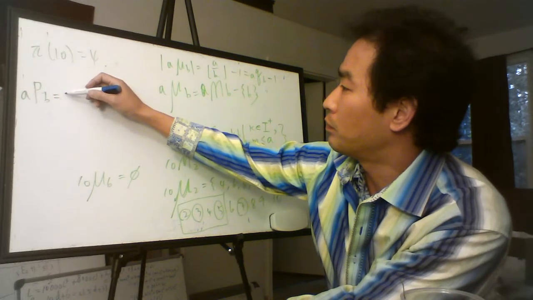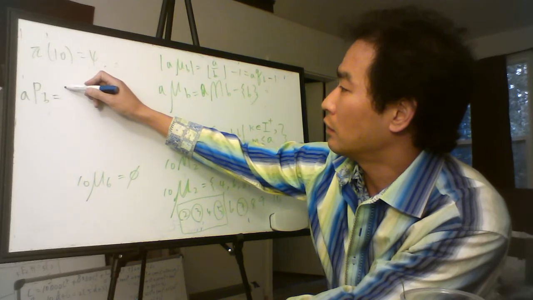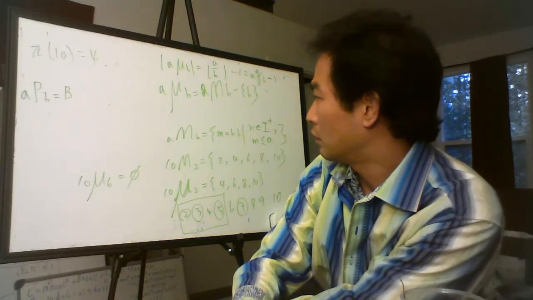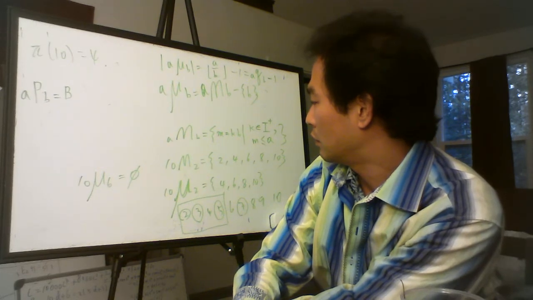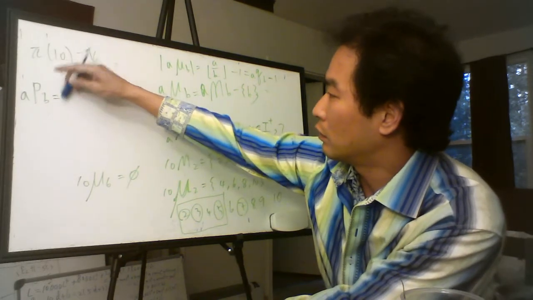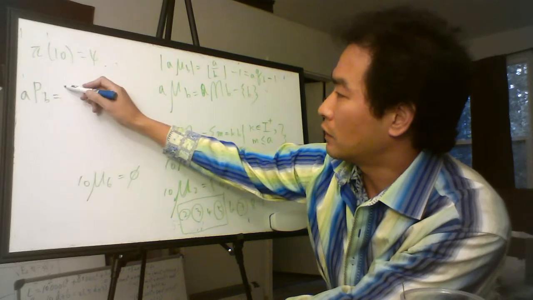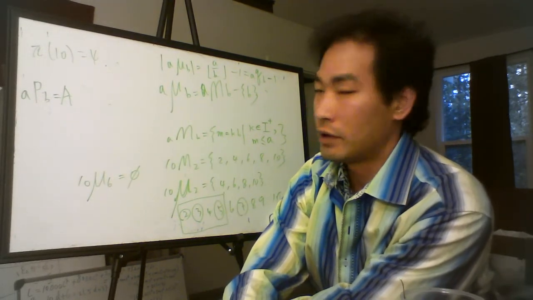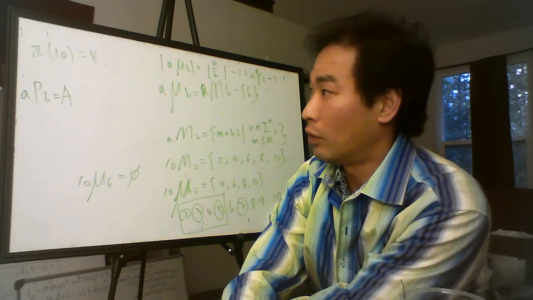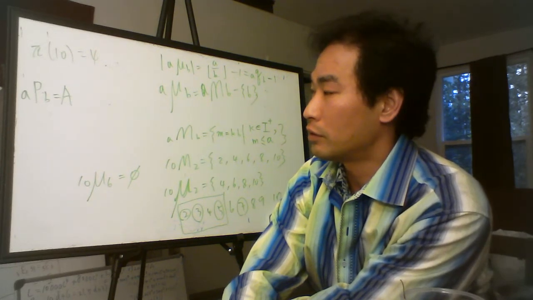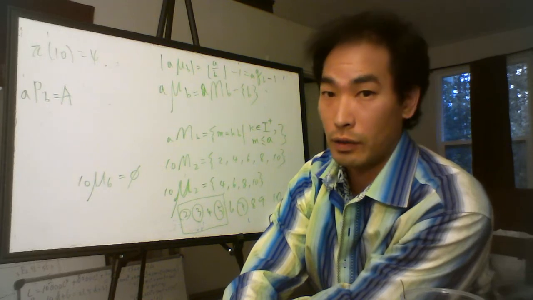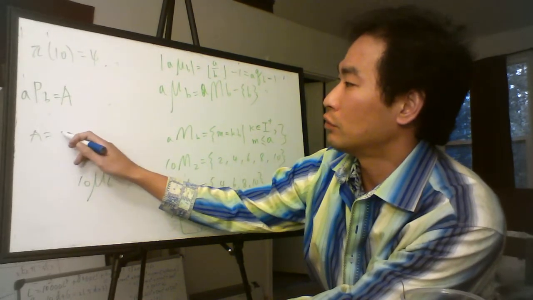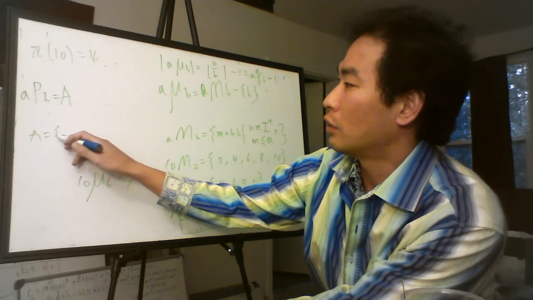You have set B, and set A contains, by definition, all the natural numbers from 2 to A. So set A is equal to x.